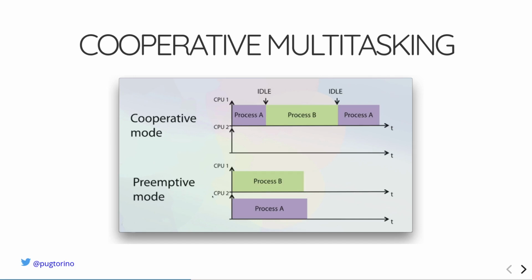Typically in cooperative multitasking, you have just one single CPU. We already know that PHP is not multi-threaded, so you have just one thread, one core actually, and the PHP engine is executed in just one core. That means using fibers you can have a piece of code, for instance process A. Imagine that process A is a fiber, and you can say at any line in your code block, okay, I suspend the execution here.